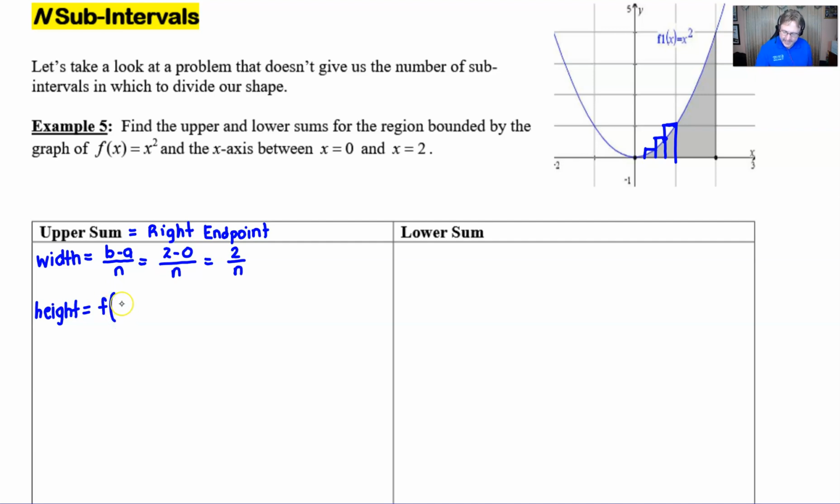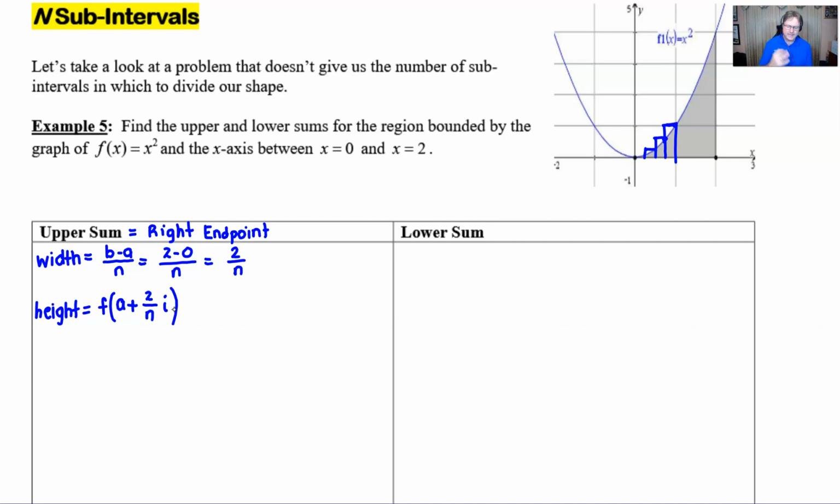And it would be f evaluated at your beginning endpoint, a in this case, plus the width that we discovered, 2 over n, multiplied by an arbitrary i that's just going to take on the values 1, 2, 3, etc.